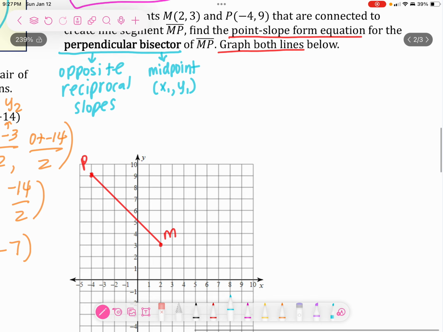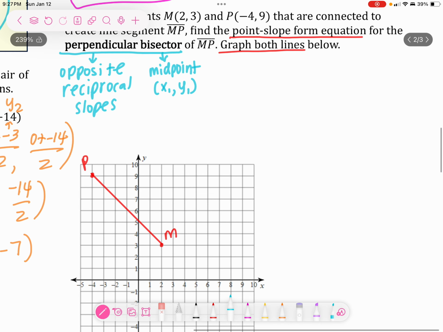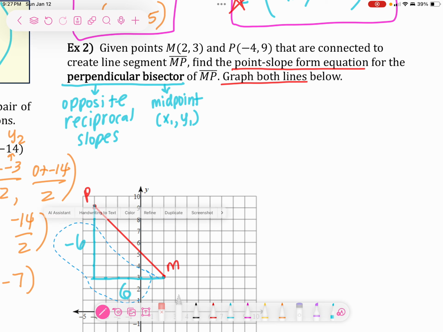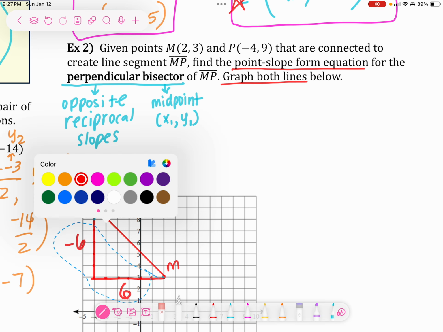So I need to find the slope of PM. So rise over run. It looks like we have to go down 1, 2, 3, 4, 5, 6. And then over 1, 2, 3, 4, 5, 6 as well. So actually, let me color code this a little bit. I want to make sure that this all makes sense.